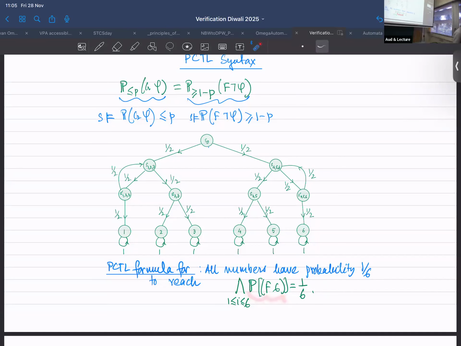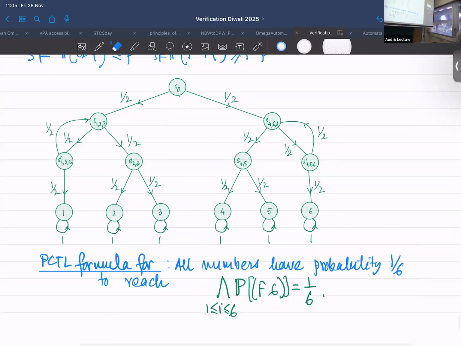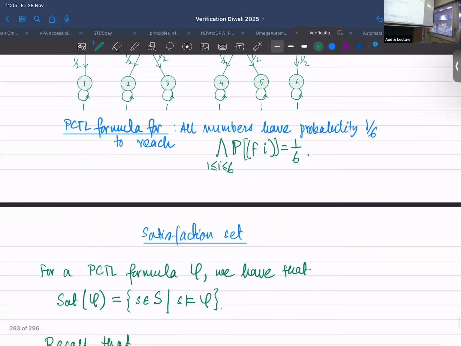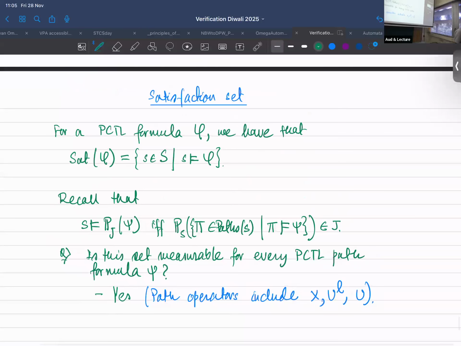This is a state formula, that probability F of i is 1 by 6, and there is a conjunction over all the i's, right? So this is an example of a PCTL formula. And indeed, you can check this. For every individual i, you check whether this holds, and then it also holds for the conjunction.